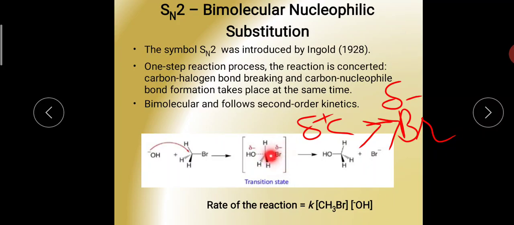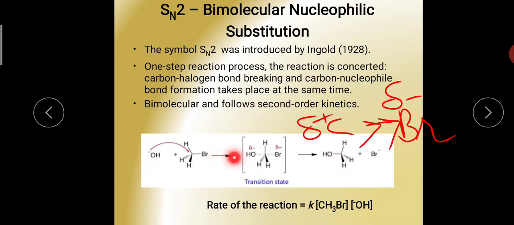So bromine has to leave, and because it is electronegative, it would leave with the bonded pair of electrons. And hence, in the product, I will be getting Br minus and your alcohol. This is your methanol that is formed during the course of the reaction.